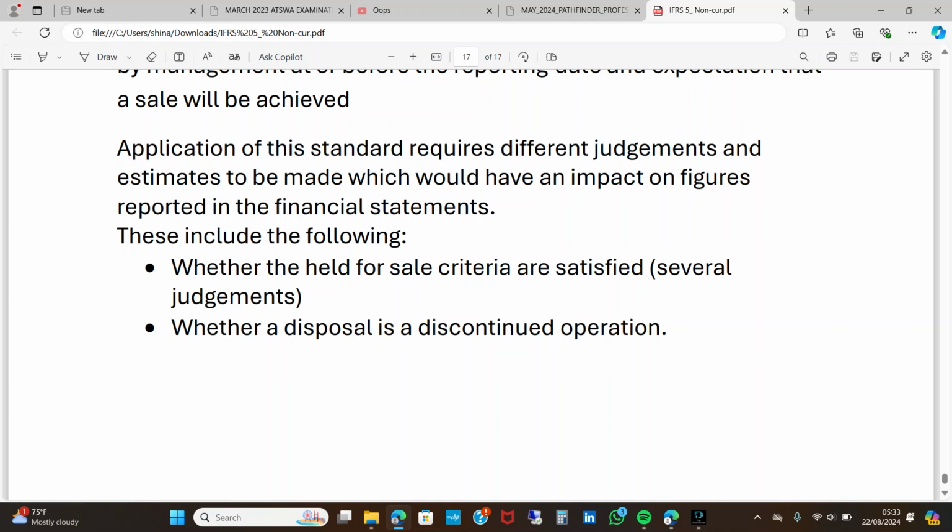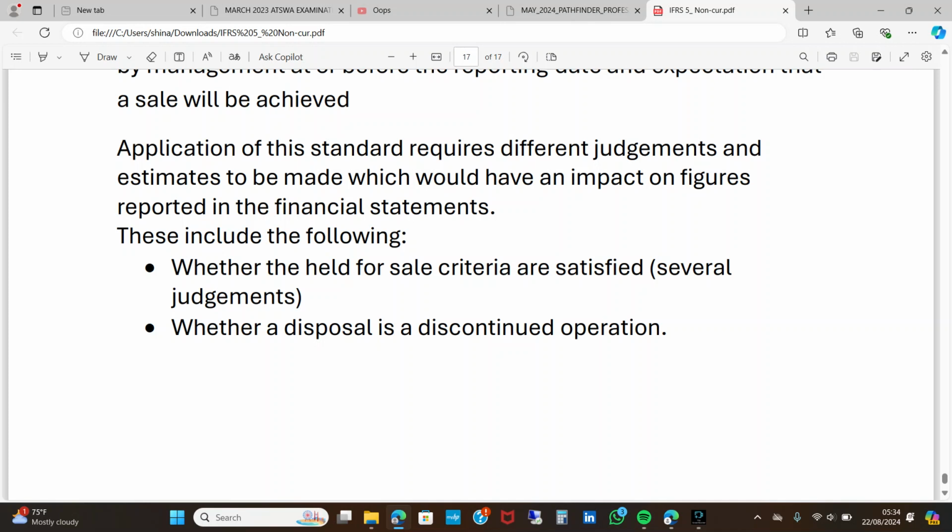You can only decide based on the scenario. Some people might say that this asset, okay, let's even take a more simple example. One of the criteria is that the asset must be marketed for sale at a price that is reasonable in the market. How do we determine a price that is reasonable in the market? You don't have a standard price.